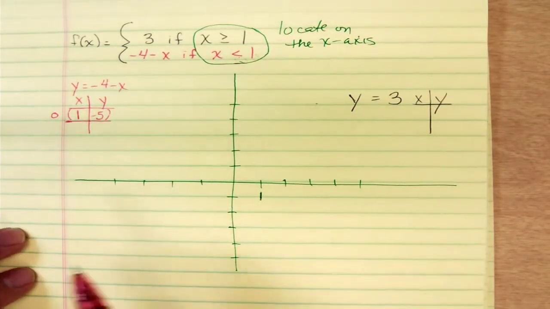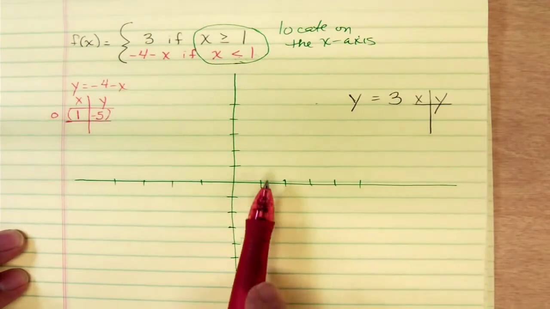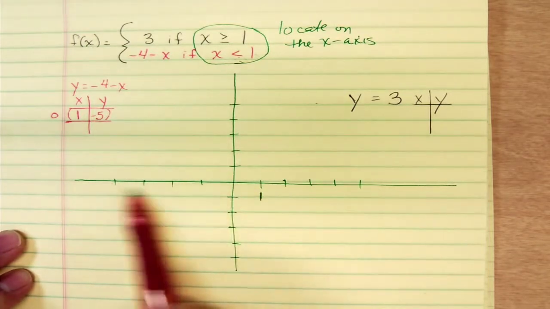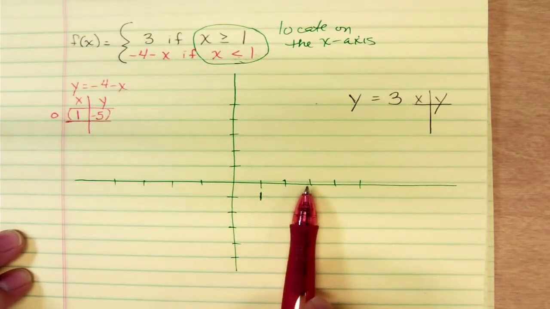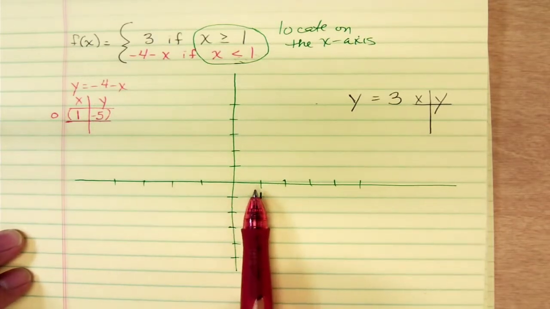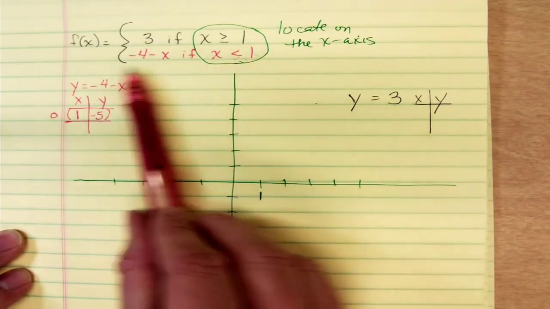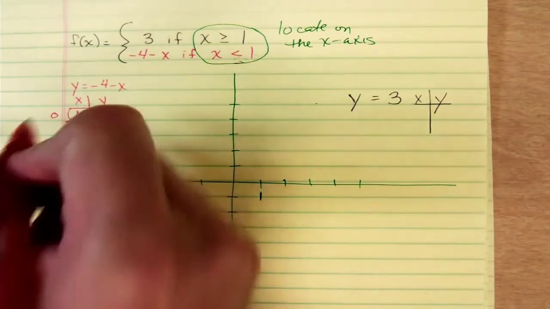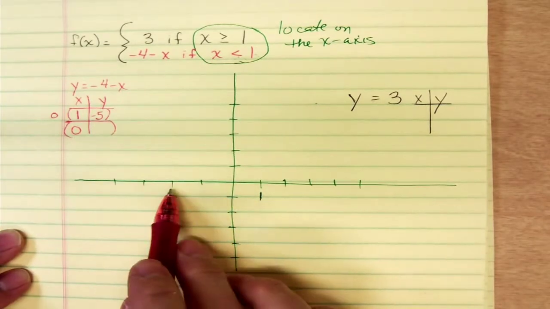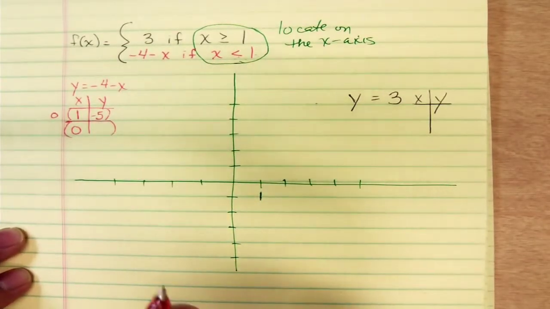Then we need any other number. Well, it's not just a completely random number, it's any number to the left of 1. Don't use 2, 3, or 4 because you don't want this red graph to go past the number 1. So you could use a 0, and I think that's what I'm going to use. If you wanted to use negative 1, negative 2, negative 3, that's fine.